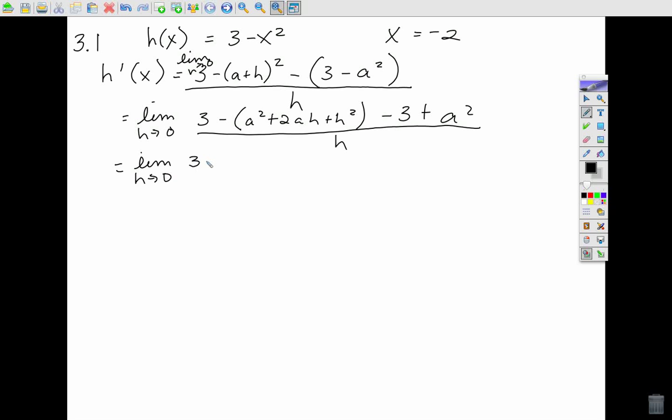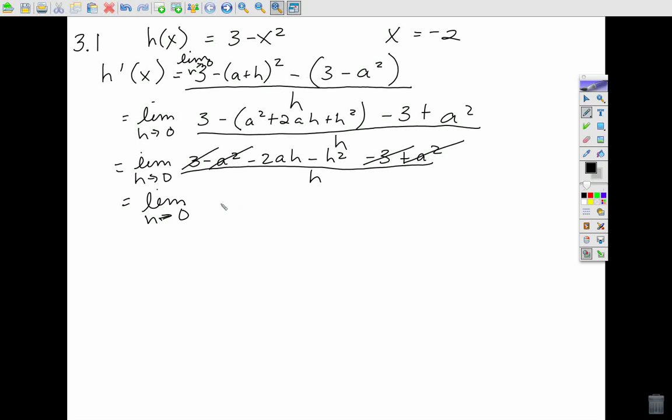Let's see. That's going to be 3 minus a squared minus 2ah minus h squared minus 3 plus a squared, all over h. Let's simplify a little bit. Limit as h approaches 0. The 3 and the -3 cancel. The negative a squared and the positive a squared cancel.